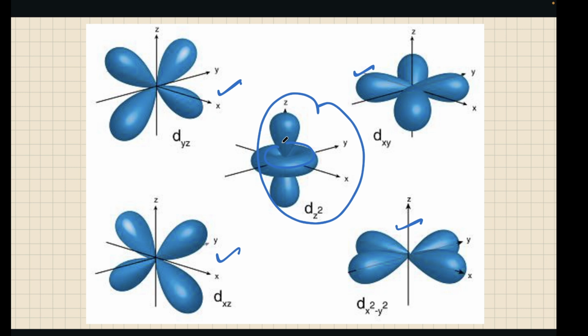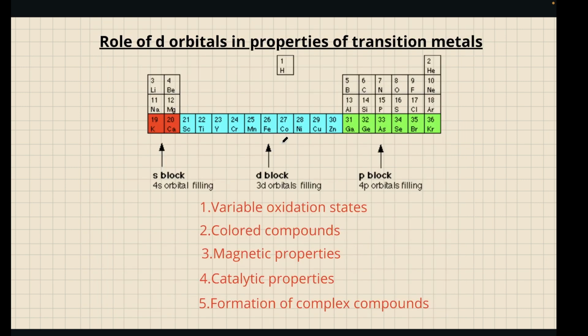They are usually found in transition metals. So transition metals are the best example to understand the importance of d orbitals.